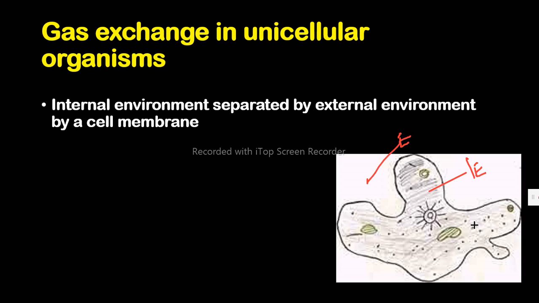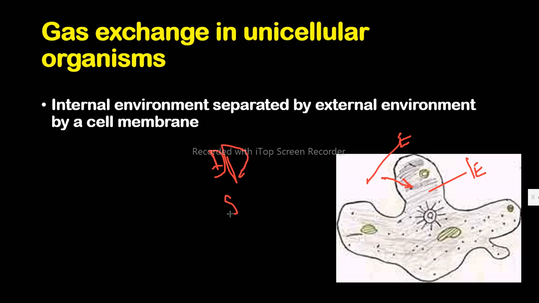The external and the internal are separated by just one membrane, a unit membrane. So you just cross one membrane like this, and you've made it inside. What does that imply? The diffusion distance is very small, is minimal.